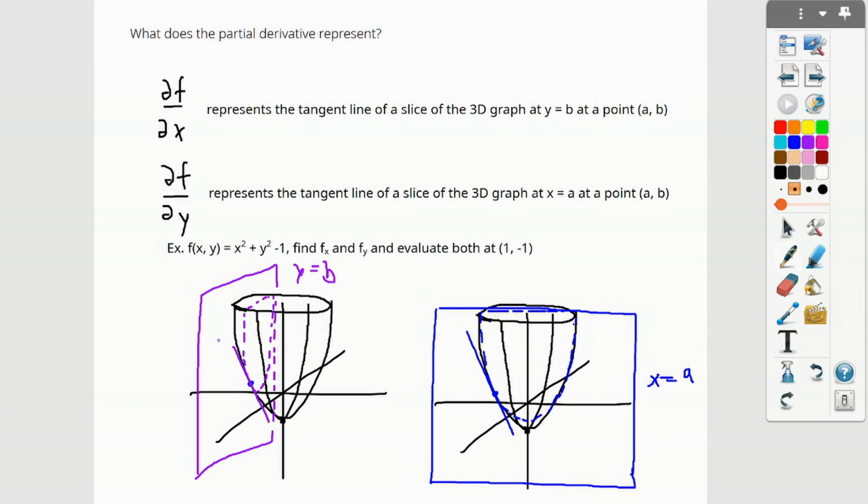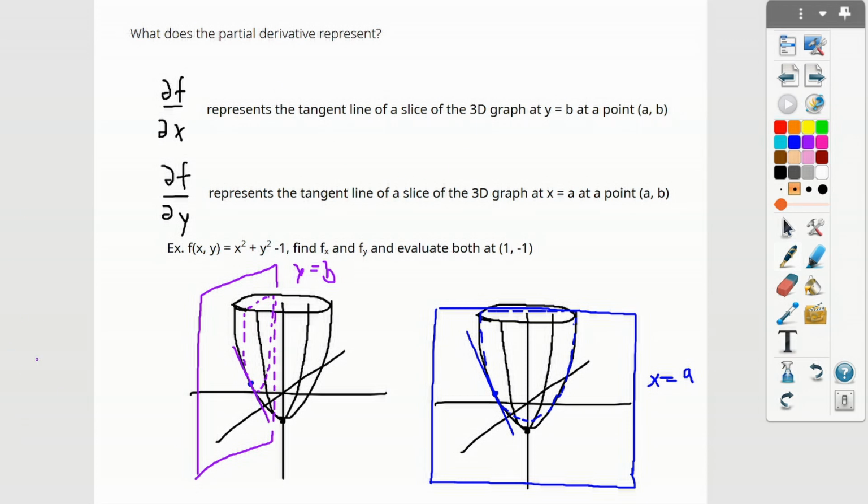We're moving in the direction the partial derivative is with respect to. So in this picture, we're moving in the x direction because the partial derivative is with respect to x, so we have to move in the plane of y equals something, because we're not moving in y. If we're at a plane y equals something, that y is equal to that, and that is a constant. That's not moving at all.